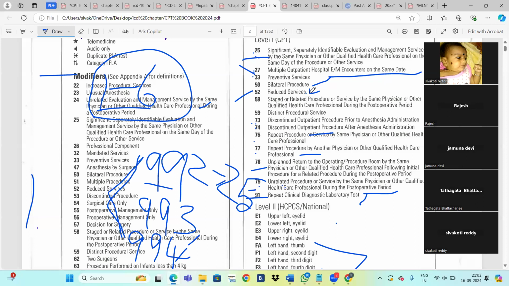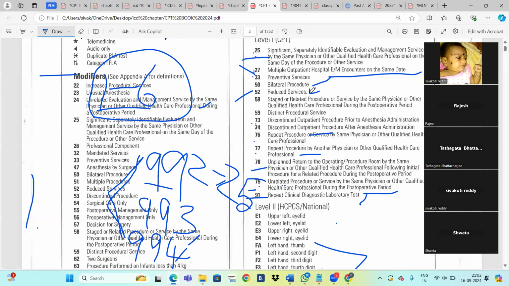So when you do not use 50, remember, the CPT description states it was a bilateral procedure. Then there is no need to add 50, guys. The bilateral word is already included in the CPT description. Then again, why do you need to add 50? Clear? Any confusion?